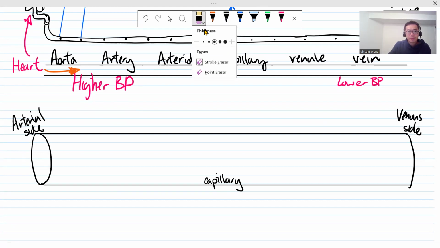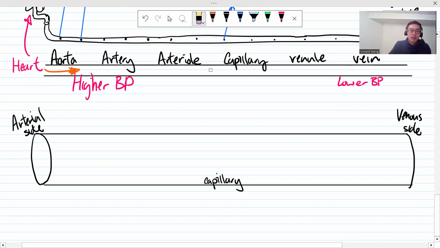And to remind you that the capillary is leaky, I'm gonna put some gaps here. It's not so leaky that you're gonna be bleeding out from them, although that sometimes can happen.